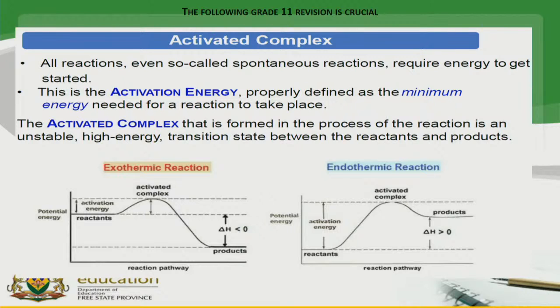Remember, in grade 10, you did a graph showing that for reactants to react, a certain amount of energy must be absorbed by those reactants so that those bonds of the reactants can be broken. And then for the products to be formed, a certain amount of energy must be released or must be liberated so that the products can be formed.